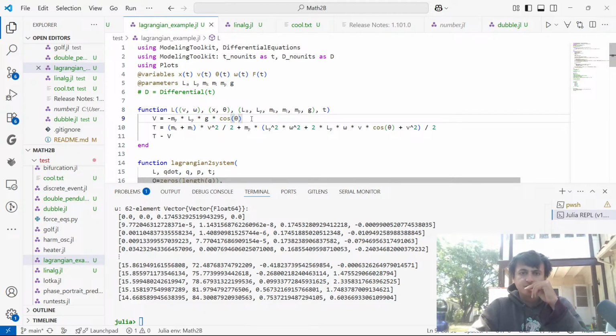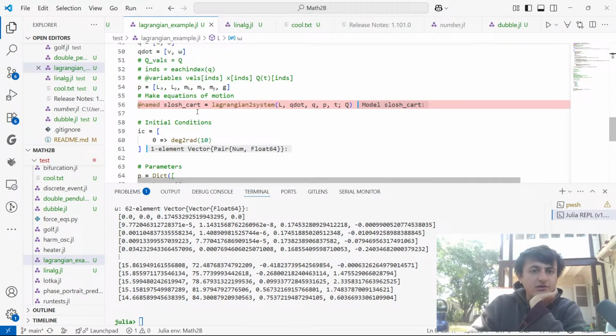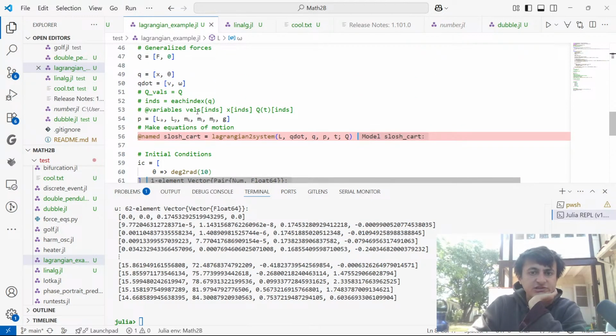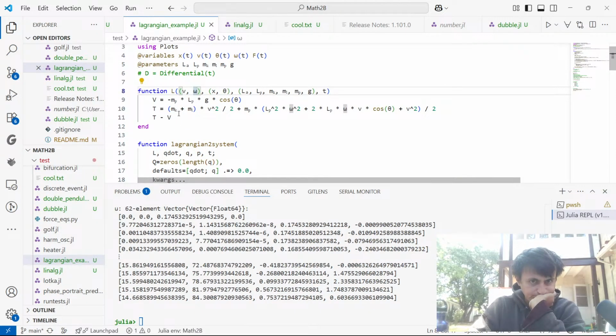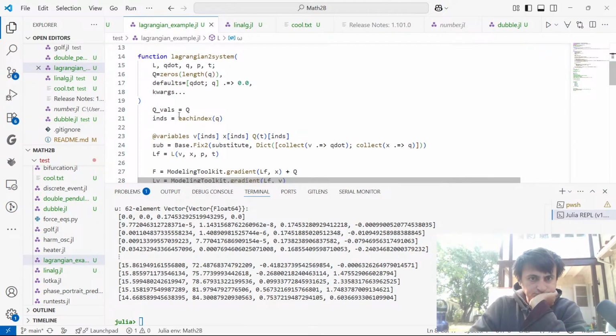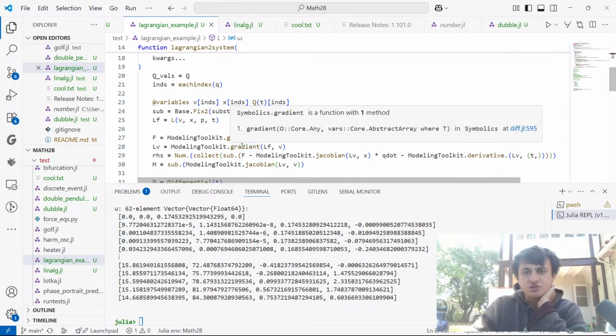So V is the potential. Okay, so in L, when we're sending this to L is a function that gets traced through.